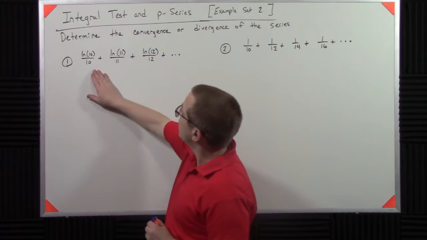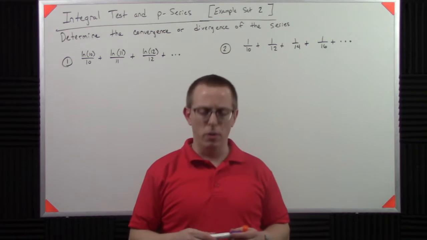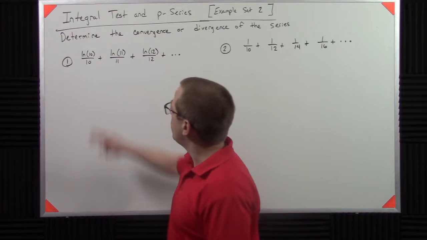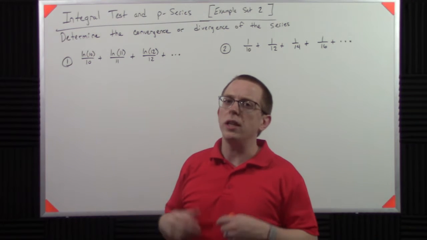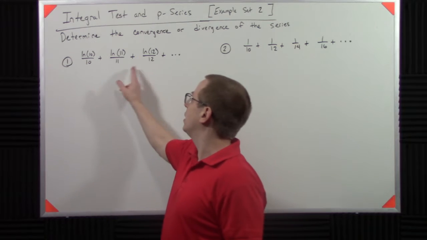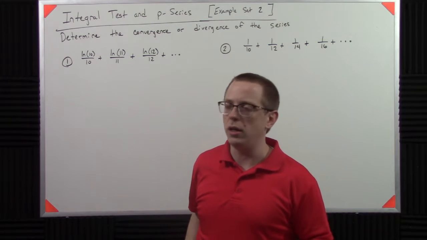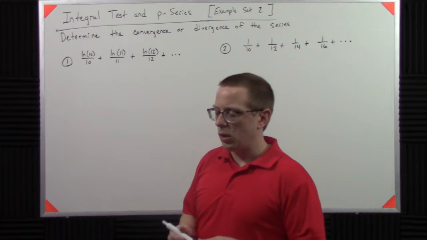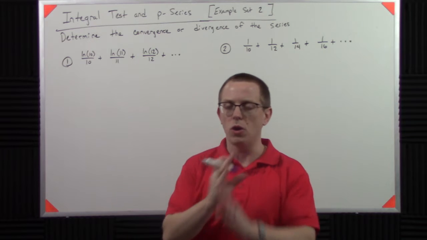So I've got natural log 10 over 10, natural log 11 over 11, natural log 12 over 12. Okay? Well, what I notice is that these numbers match. But what I also notice is that they don't start at 1. They start at 10, 11, 12. So I have to offset that to make sure that it lines up with starting at 1.